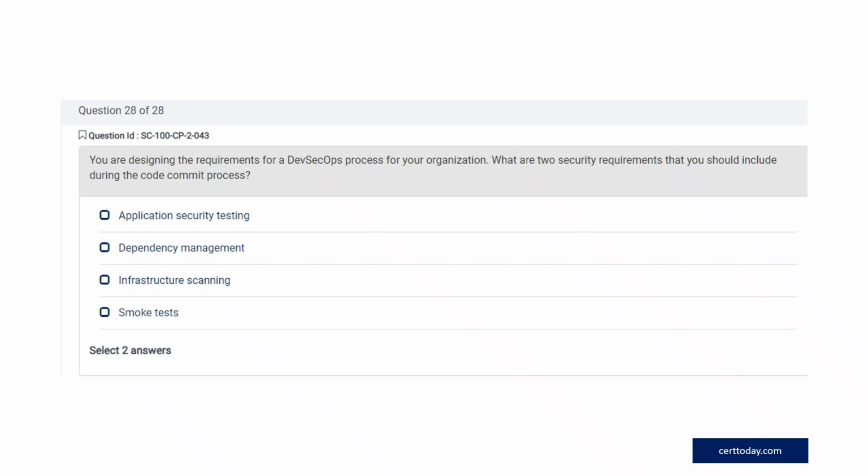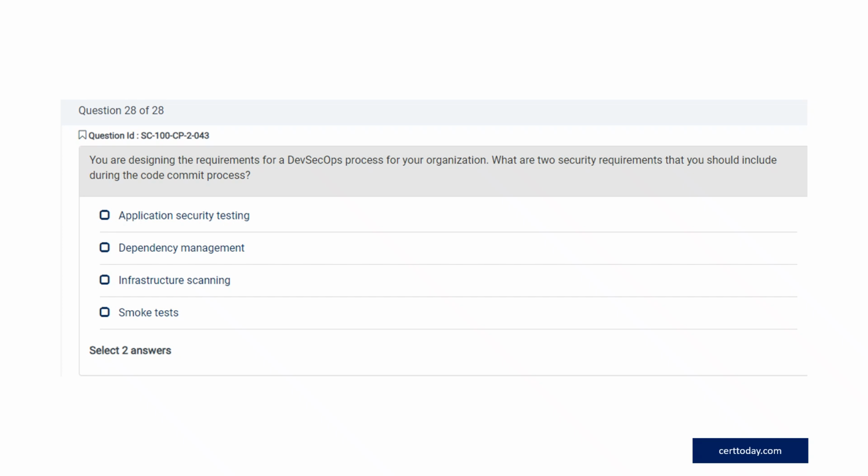Question 28, and the last in this section. You are designing the requirements for a DevSecOps process for your organization. What are 2 security requirements that you should include during the code commit process? A. Application security testing. B. Dependency management.